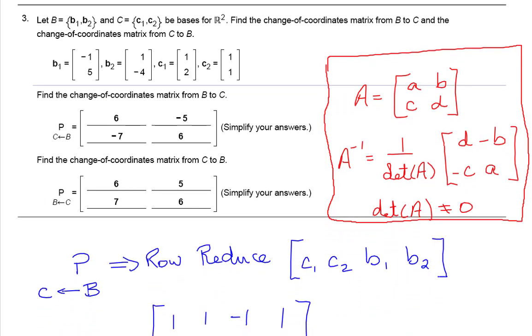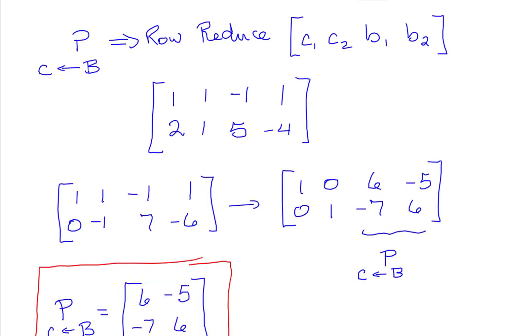In question 3, we are given two bases, B1, B2, and C1, C2. We want to find the change of coordinates going from B to C, and then the inverse of that going from C to B. So to find this transition matrix, we put C1, C2, B1, B2 in our matrix and row reduce it.